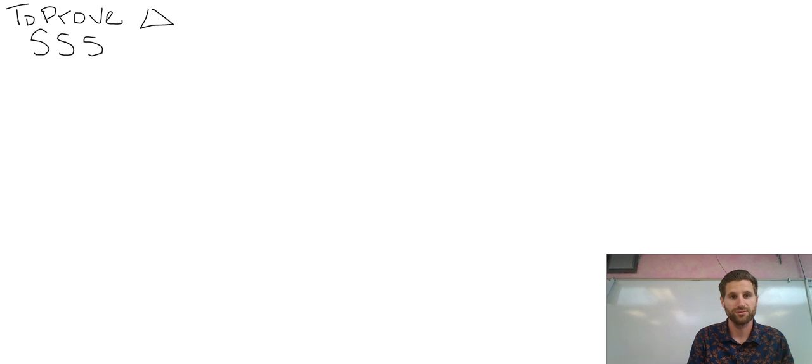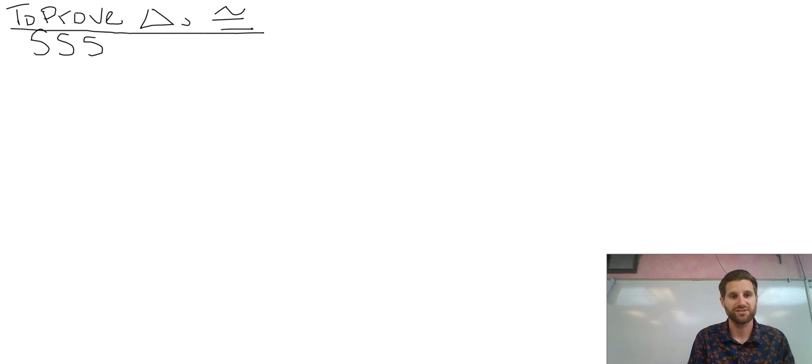If I go ahead and flip this over, so far we have some new methods. So our new methods is we can use side, side, side. Okay, so to prove triangles congruent, let's write this down. Please write this down with me after you wrote those last 2. So prove triangles congruent.